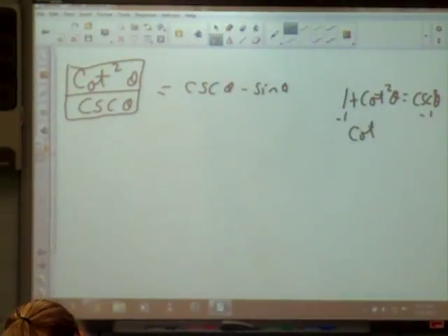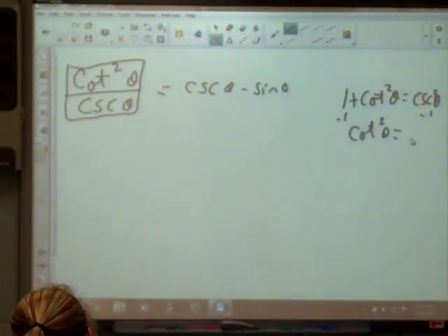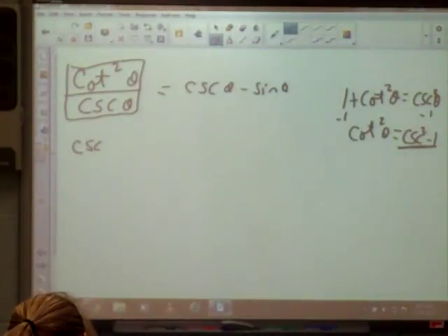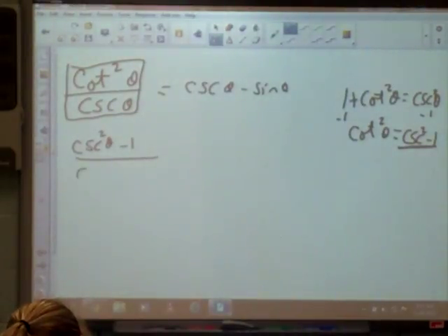So cotangent squared is the same as cosecant squared minus 1. Right? So I'm going to take cosecant squared minus 1 and put it in for cotangent squared. So I'm going to write cosecant squared of theta minus 1 over cosecant of theta.